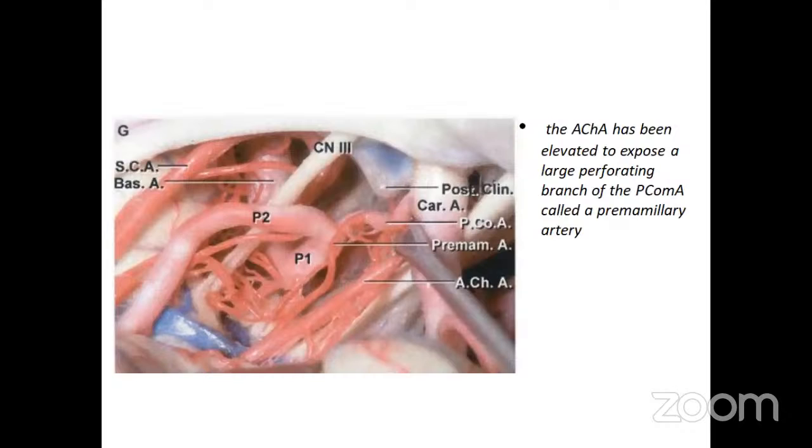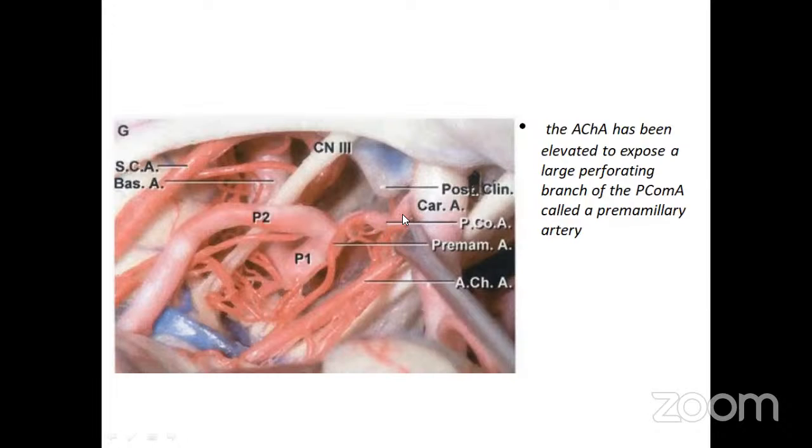In this diagram, the anterior choroidal artery has also been retracted, and we can see the vessel that I told you before, a premammillary branch of the PCOM artery. So this one is the premammillary artery, that is a branch of the posterior communicating artery.